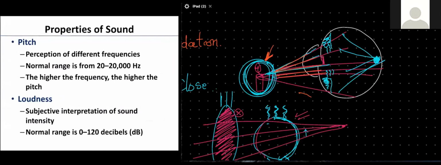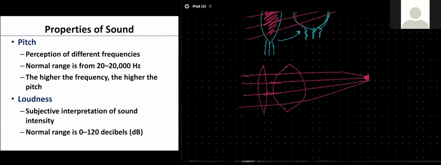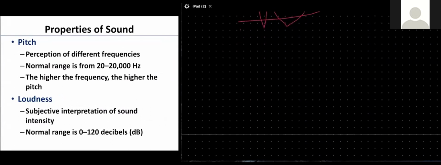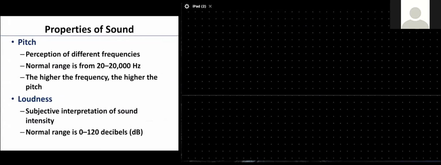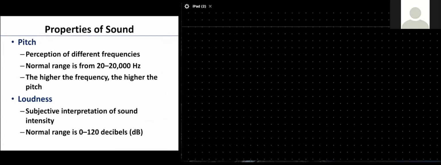We're starting with the hearing. In order to understand hearing, we need to understand two main properties of the sound. We need to differentiate between the pitch of a sound and the loudness of the sound.